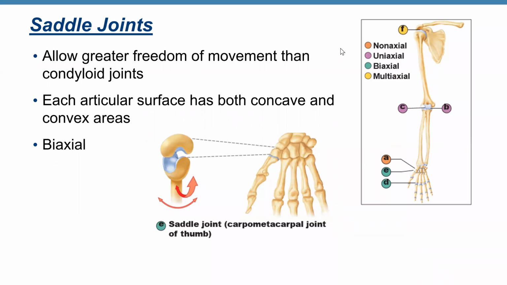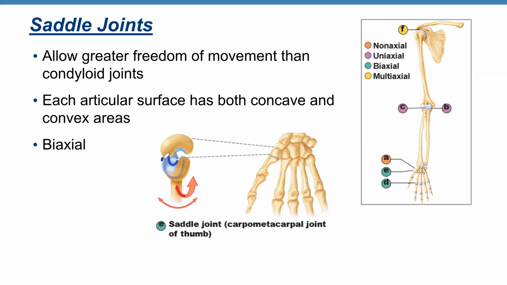Next is the saddle joint. It allows greater freedom of movement than the condyloid joint. Each articular surface has both concave and convex areas, and this is biaxial. So here in the example, you have one bone that has both concave over here and convex, and here we have concave, right, and convex over here.